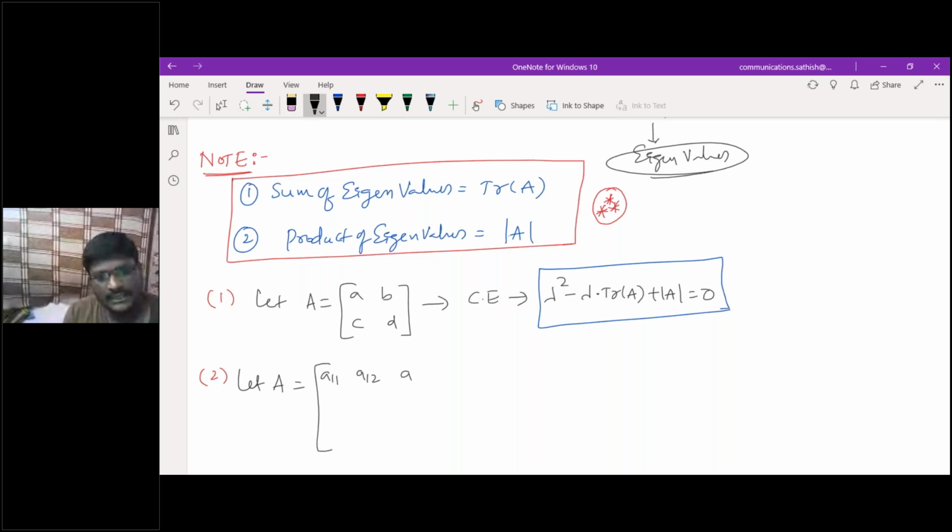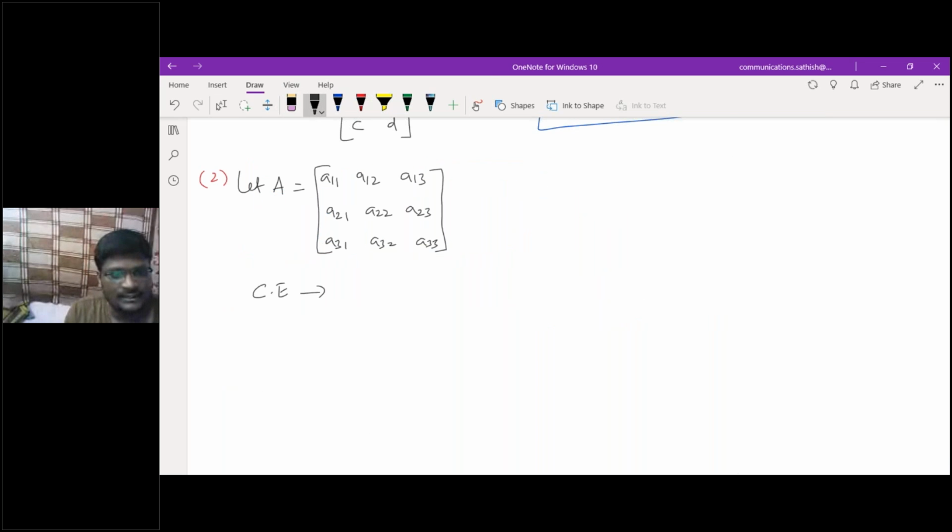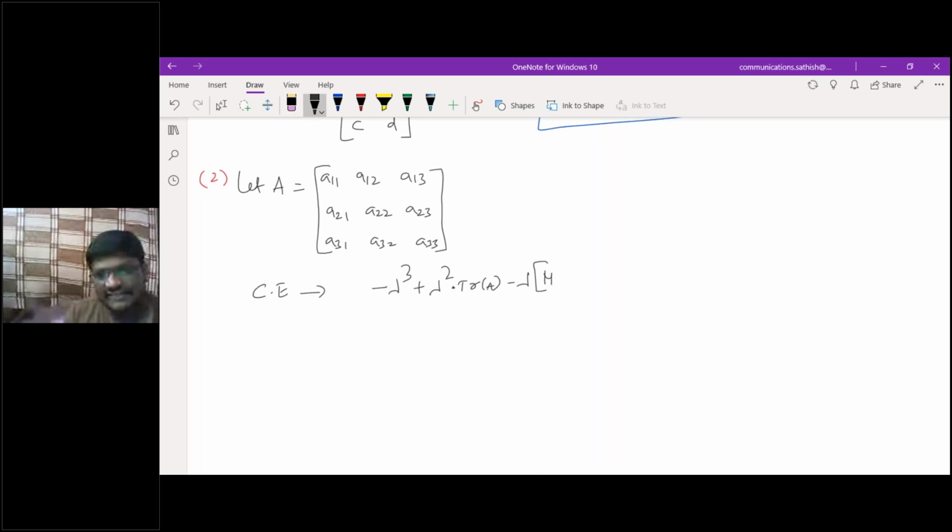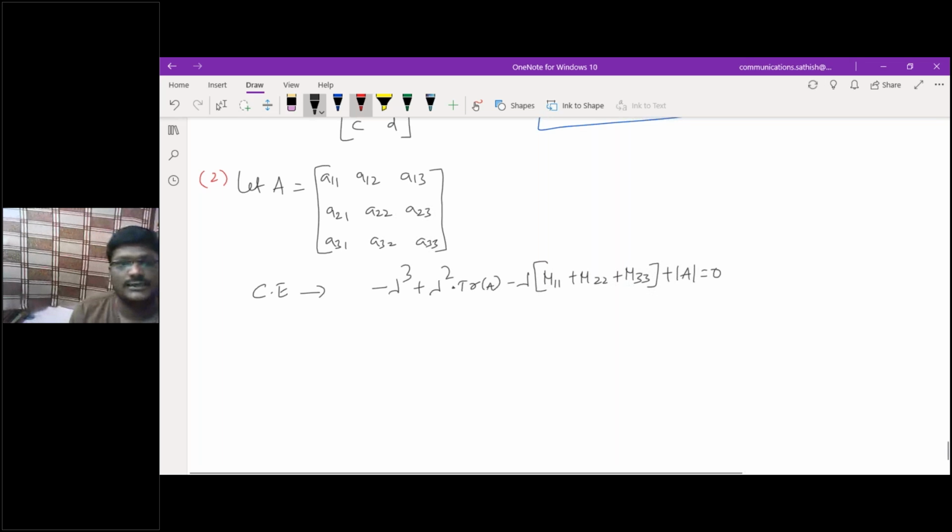Similarly, for a third order matrix, A is the matrix with entries a11, a12, a13, a21, a22, a23, a31, a32, a33. Then the characteristic equation for this is: minus lambda cube plus lambda square times the trace of A, minus lambda times the sum of the minors of the principal diagonal elements, M11 plus M22 plus M33, plus the determinant of A is equal to 0. Don't get confused.